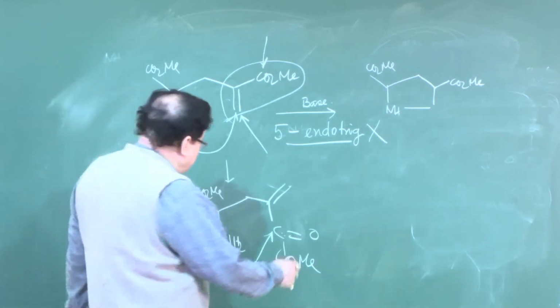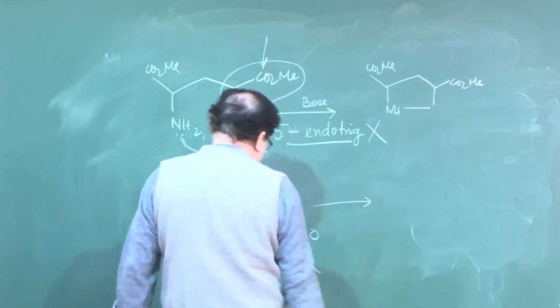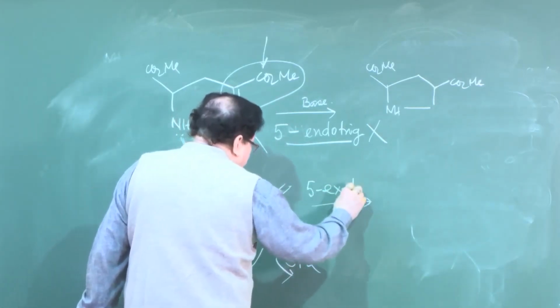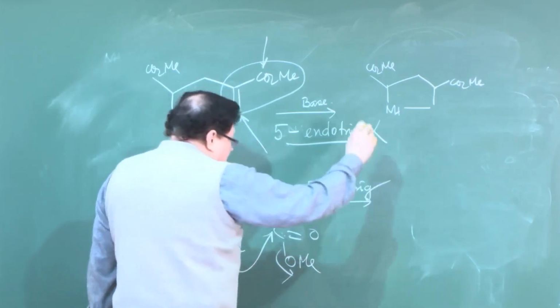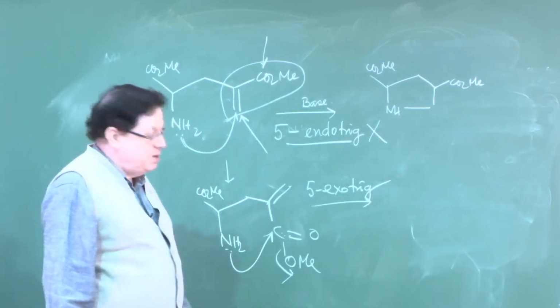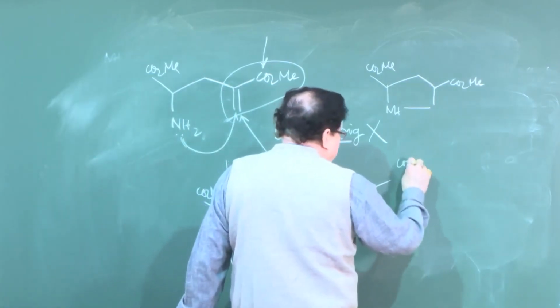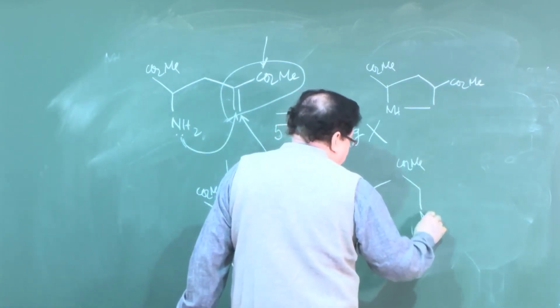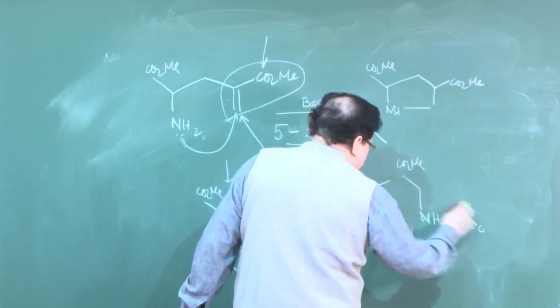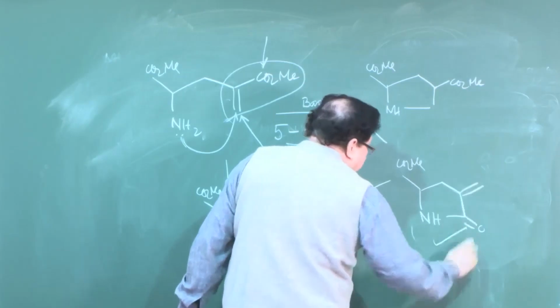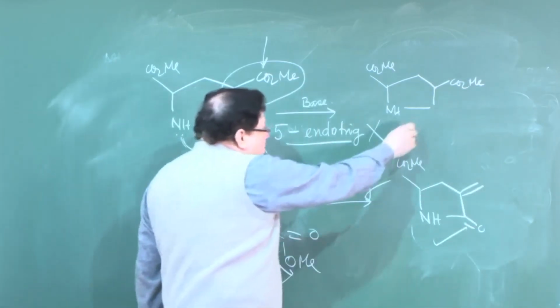Now, this is a reaction which is 5 exo-trig, which is allowed. 5 exo-trig is allowed, it is a facile process. So, this product will be obtained, and in fact, that was obtained, NHCO. So, this is the product, and this is not obtained at all.